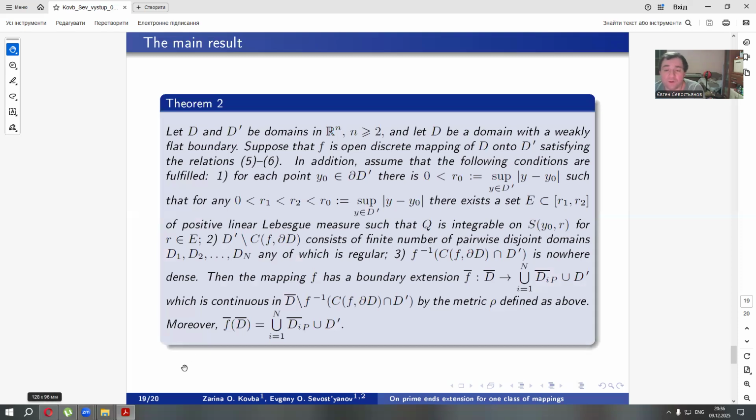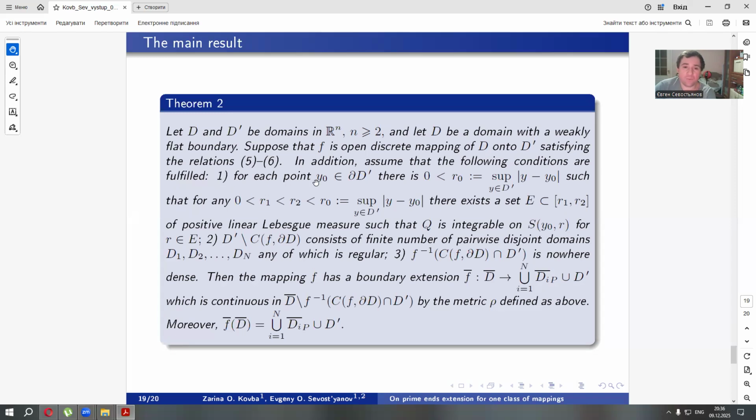Theorem 2. Let D and D prime be domains in R^n, n bigger than 2, and let D be a domain with a weakly flat boundary. Suppose that f is an open discrete mapping of D onto D prime, satisfying relations 5, 6. In addition, assume that the following conditions are fulfilled.